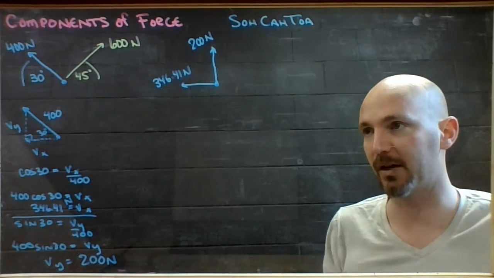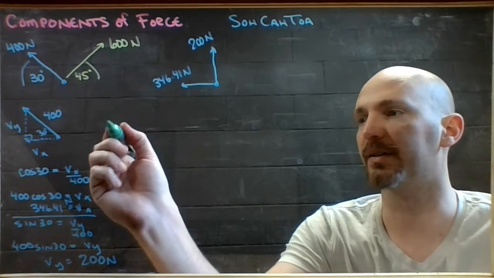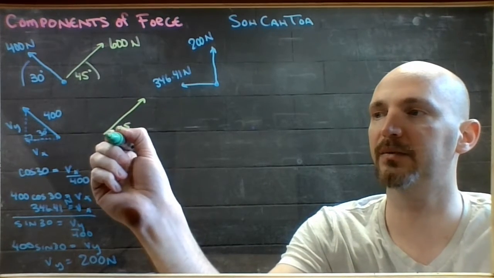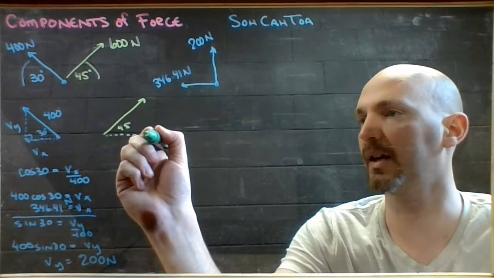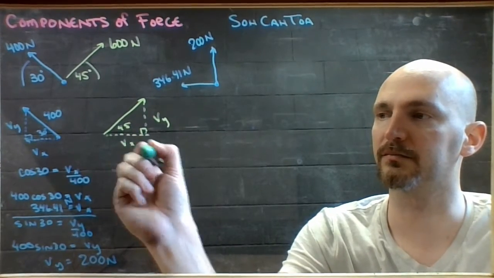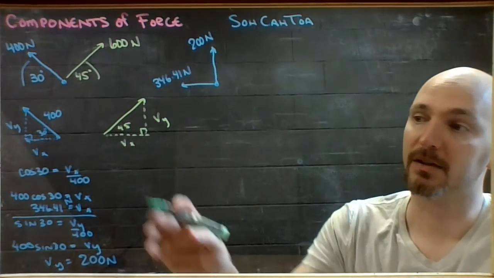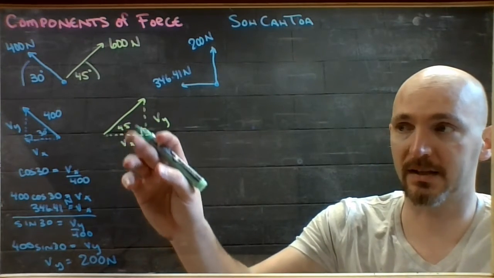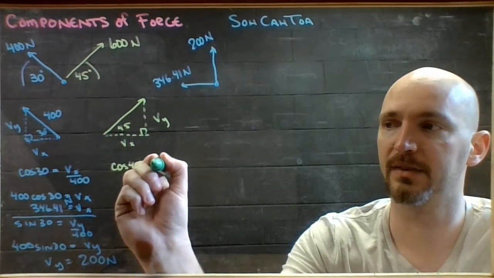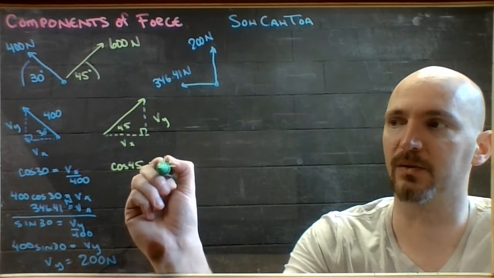Switch to my green marker, draw this vector at a 45-degree angle. It has a little piece to the right and a little piece up. So again, this x is adjacent to the 45, so I'm going to use my cosine. Cos 45 is Vx over, how big is this?